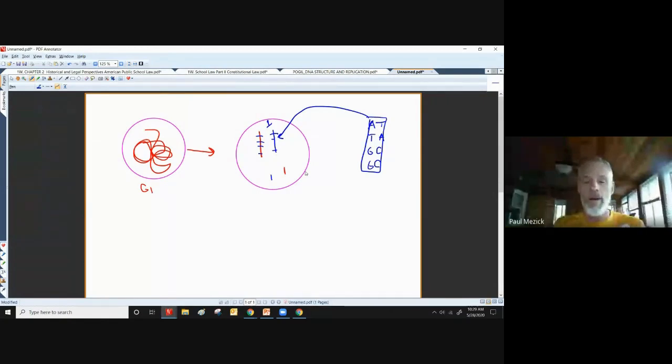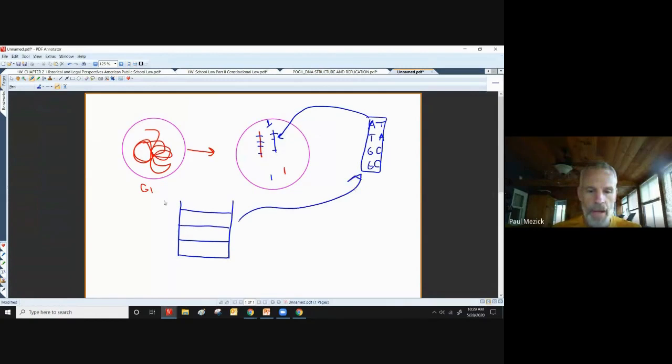So now visualize what we just did. You basically have that big ladder that looks like this. And this is your DNA. 1, 2, 3, 4. What I am drawing is a neater version of this.